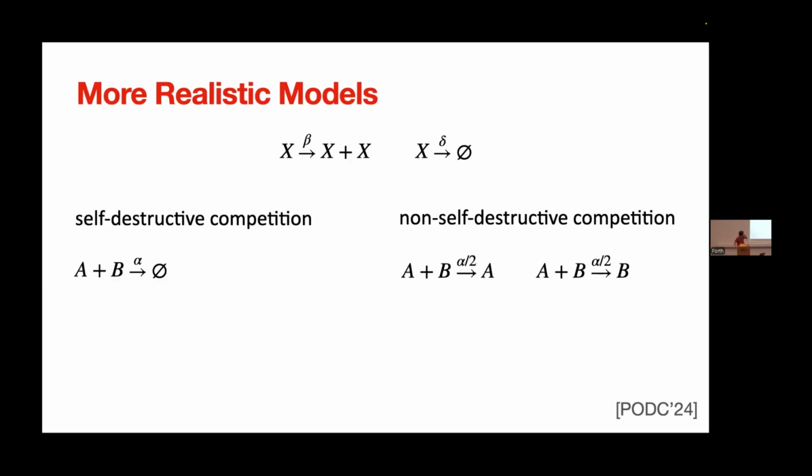What we can implement more easily is A plus B going to just A. You can imagine that A and B each have some genetic information that, if combined together in one bacterium, will make this bacterium kill itself. One of them upregulates the killing gene in the other. So maybe B will be the killing gene, and A will be the upregulation of that.